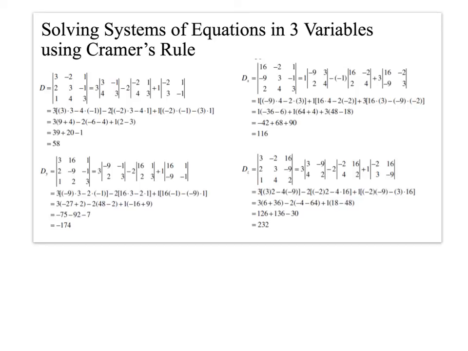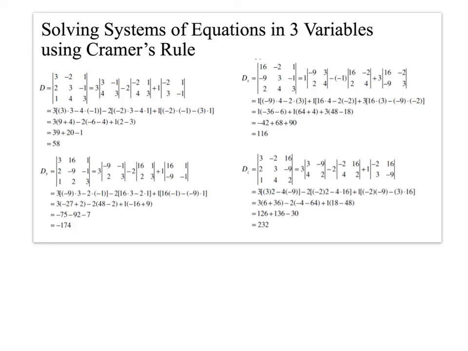So one of the things that you'll notice is that the original matrix for D is just your X, Y, and Z columns. And then when you're doing your determinants for X, Y, and Z, what you do is you replace your column for X with the constants. So here is my x column, and I put in the constants 16, -9, and 2 for my x column and left my y and z columns.